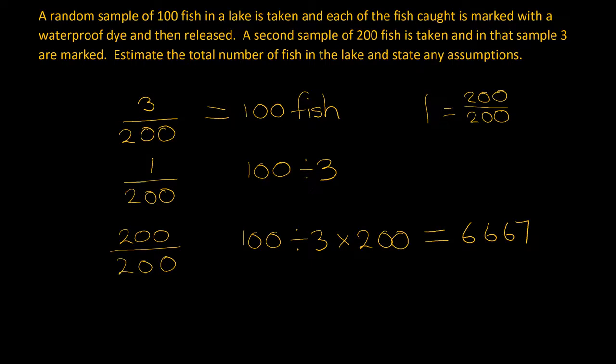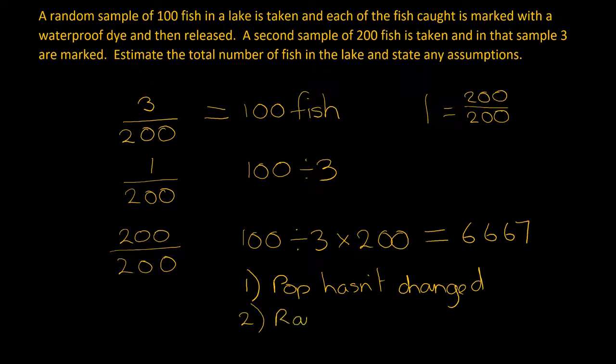The two assumptions we've made, the most important one probably is that the population hasn't changed, and 2, that both samples were done in a random way, so they're random sampling and they were done in the same way both times.